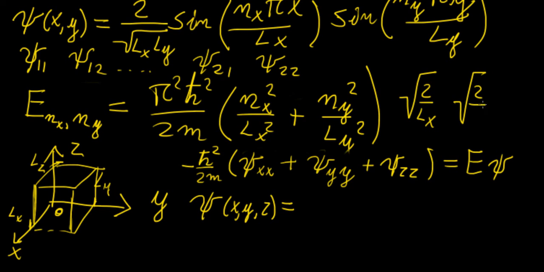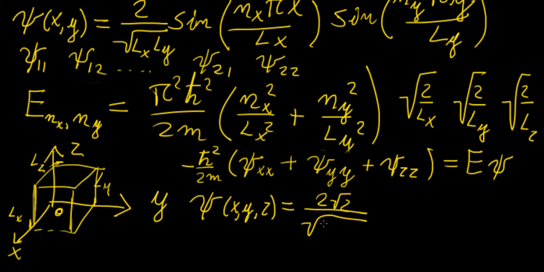The second normalization constant was Ly, and then the third one should be this, right? Because we're using symmetry to solve this problem. So if we multiply all of this together, we're going to have 2 root 2 over root of Lx, Ly, Lz. And we're going to have three sine functions.